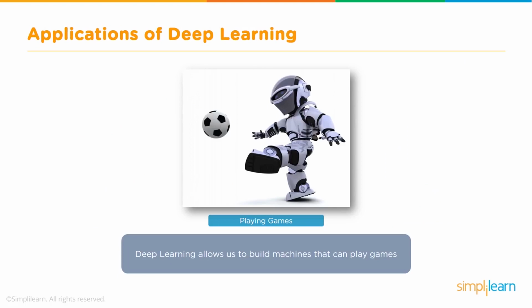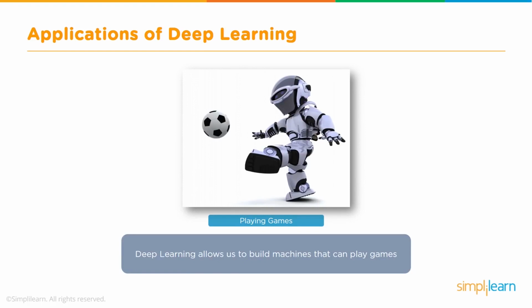With regard to some of the special applications, deep learning today is used extensively in the field of gaming. You've probably heard of AlphaGo, which is a game created by a startup called DeepMind, which was acquired by Google. And AlphaGo is an AI which defeated the human world champion Lee Sedol in this game of Go.